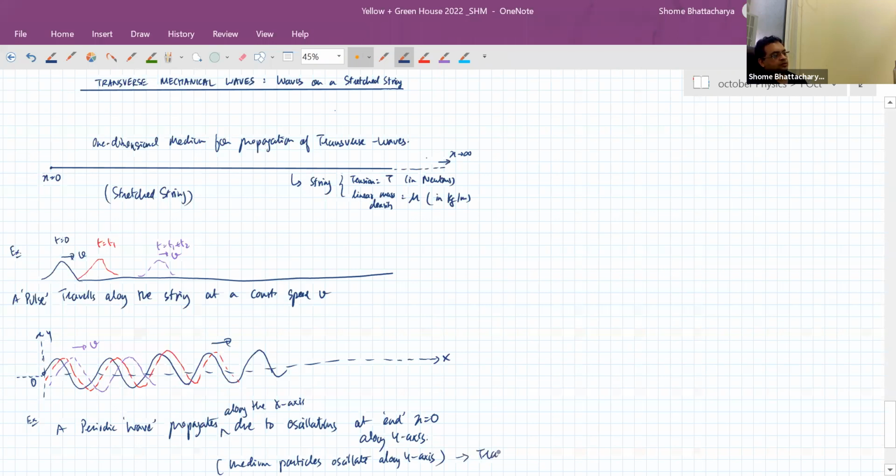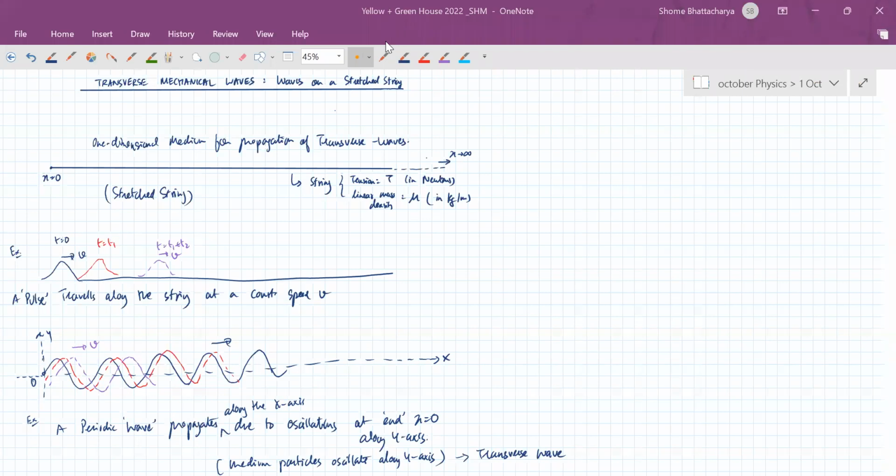This is an example of a transverse wave phenomena because the wave is propagating along the x-axis, whereas the medium particles are oscillating up and down along the y-axis. These are two different kinds of situations in which there is a transverse wave phenomena happening along a one-dimensional medium. In one case, a single pulse traveling along that medium. In another case, a periodic wave that is propagating continuously along that medium. But that periodic wave is causing the medium particles to oscillate in the transverse direction, or along the y-axis here, which is perpendicular to the axis of propagation, which is the x-axis.